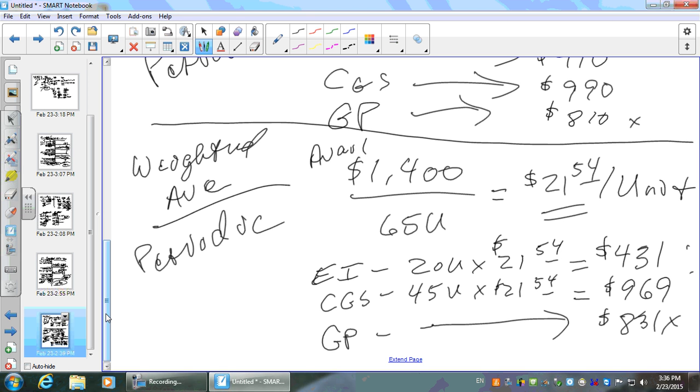Available 65. They had 10 at the beginning and they bought 55. It's the units you bought minus the units you sold. Well, you sure include the beginning inventory. What you start with plus what you buy is what you have available, and then subtract the ending, and you got it, okay?